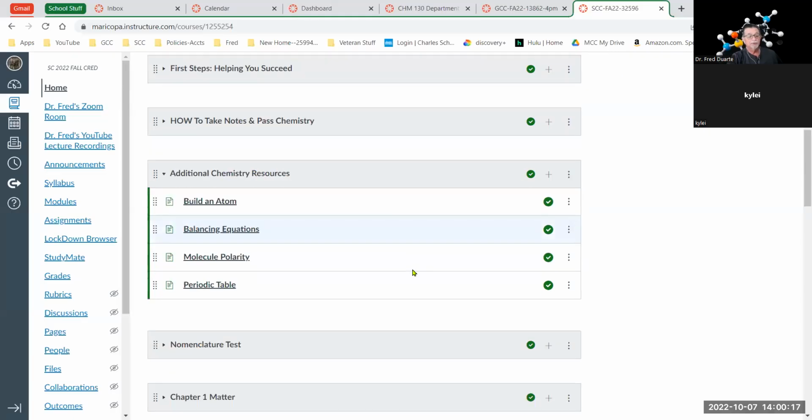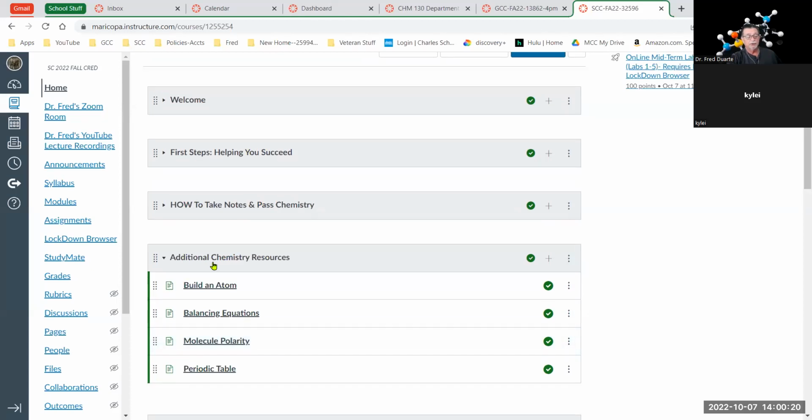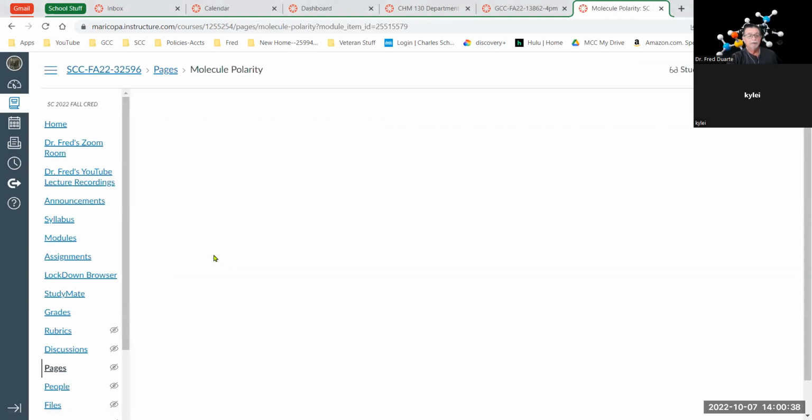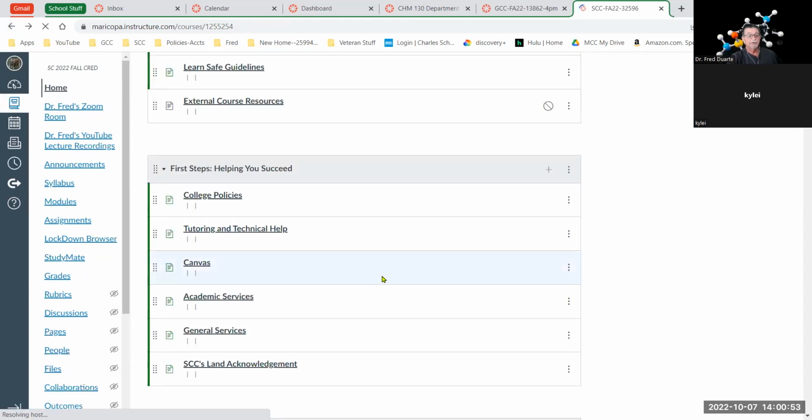Now, on the course website, in one of the modules, there's a module called Additional Chemistry Resources. Now, if you click the molecule polarity, I don't know what's going on, but the Canvas has been acting up quite a bit.